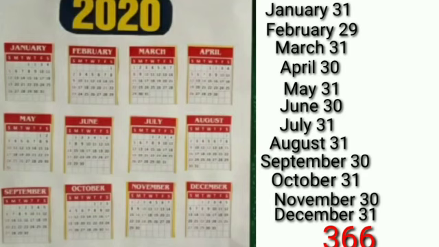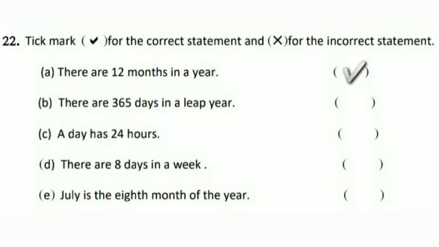In this year, February has 29 days, and a year in which February has 29 days is known as leap year. Means a leap year has 366 days. So the given statement is incorrect. We will put a cross in front of it.